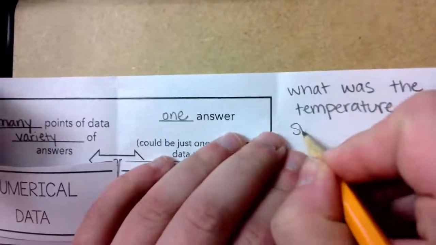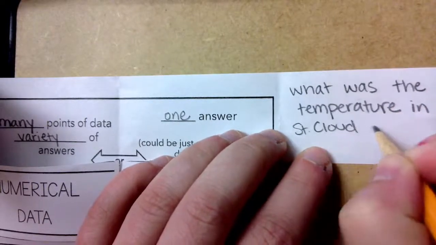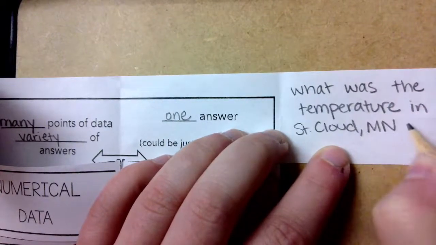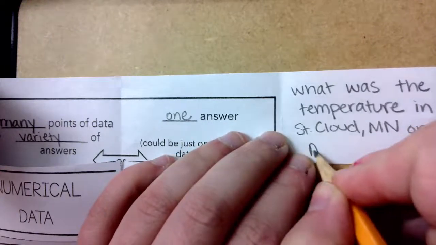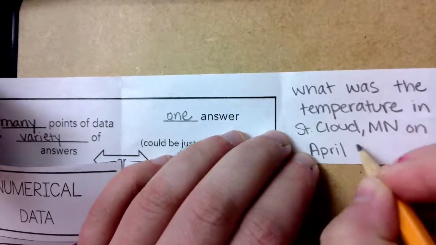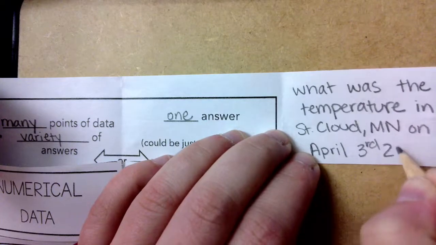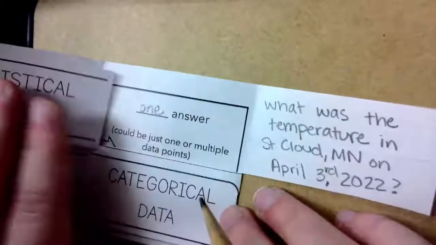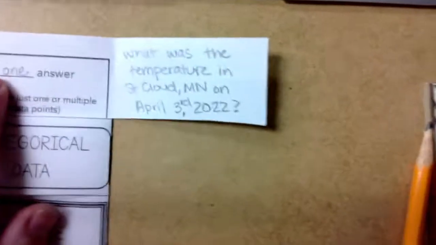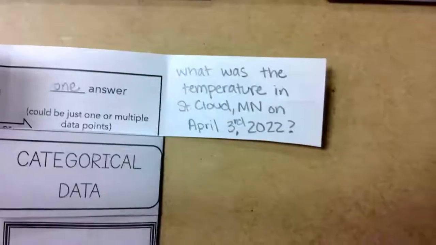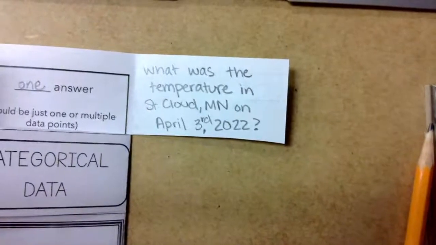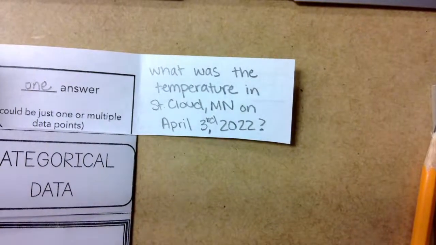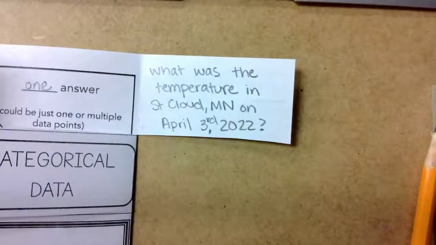I could look at a lot of different resources, a lot of different websites. Generally speaking, are all the websites that talk about the temperature of St. Cloud, Minnesota on April 3rd going to give me about the same amount? Yeah. Is it going to change? No. Is there pretty much one correct answer? Yeah. So that's one way. That's most of the reasons why we wouldn't have a statistical situation. A non-statistical would be the question just has one correct answer.